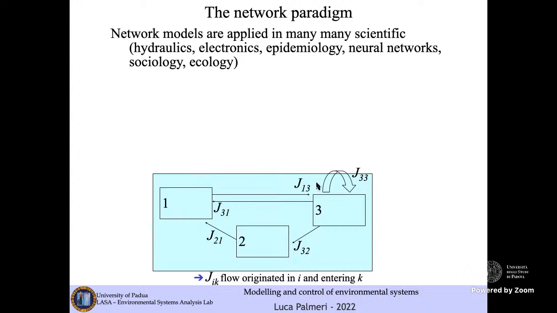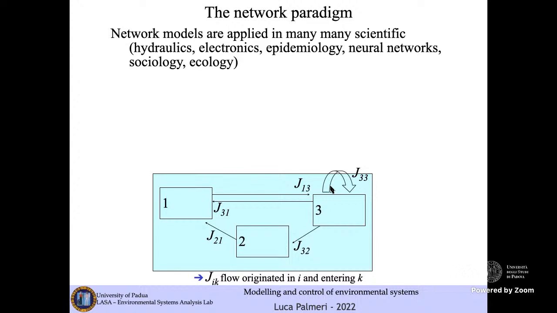This schema implies that we are subdividing our system into functional groups, 1, 2, 3, the boxes, and then we are trying to indicate or to evaluate which are the flows of the media between the boxes, and the flows are indicated with J13 or J31. I recall to you that these are oriented flows. This means that J31 is different from J13. J31 means what is going from compartment 3 to compartment 1, while J13 is the reverse flow, going from compartment 1 to compartment 3.